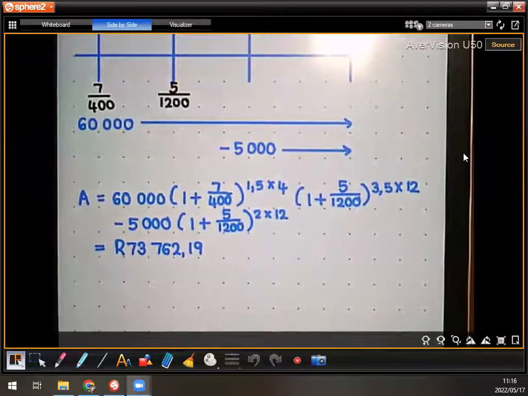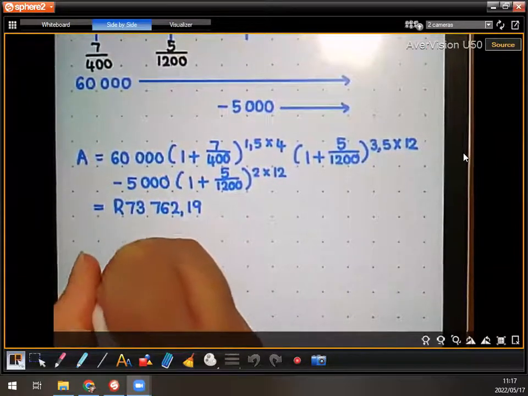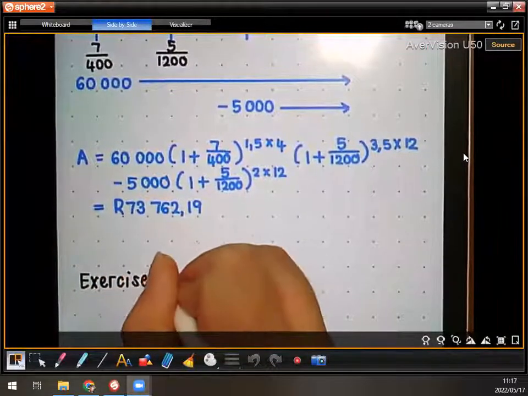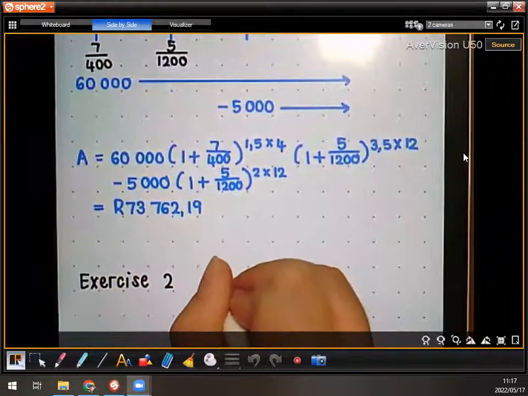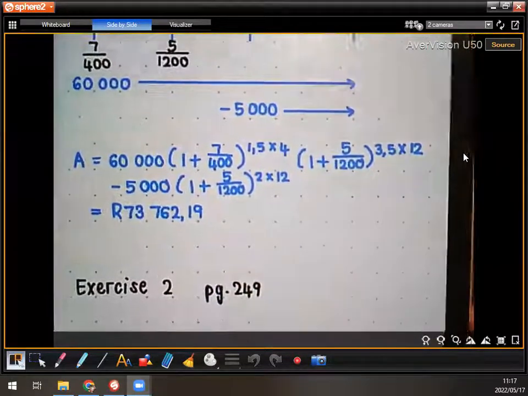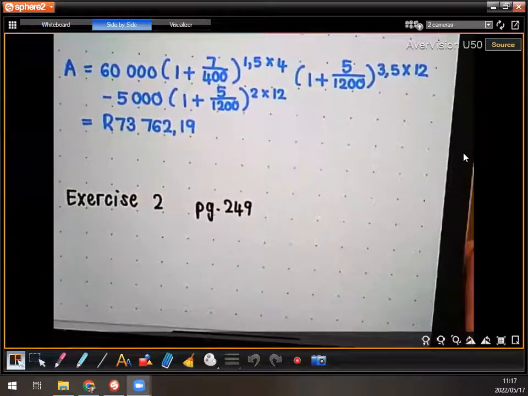So again, exercise 2. And let me just see here.